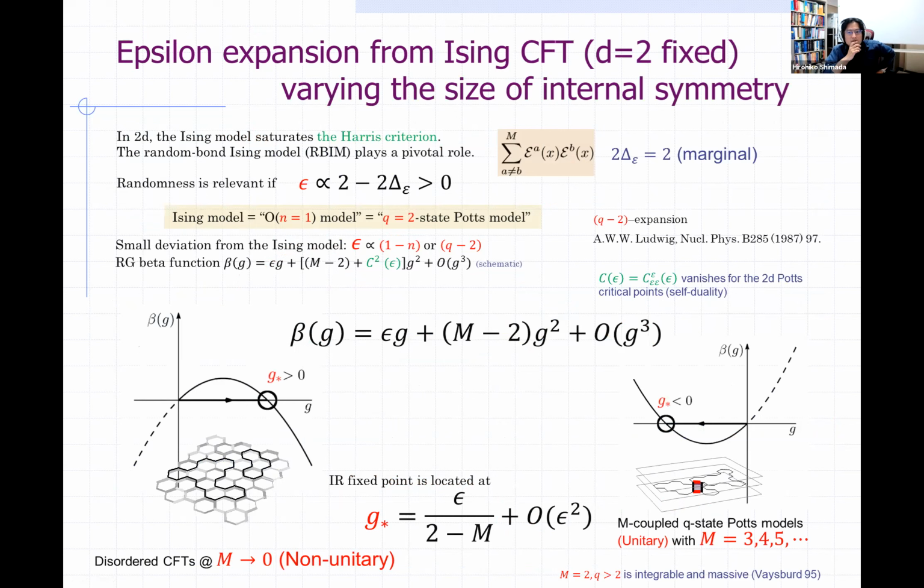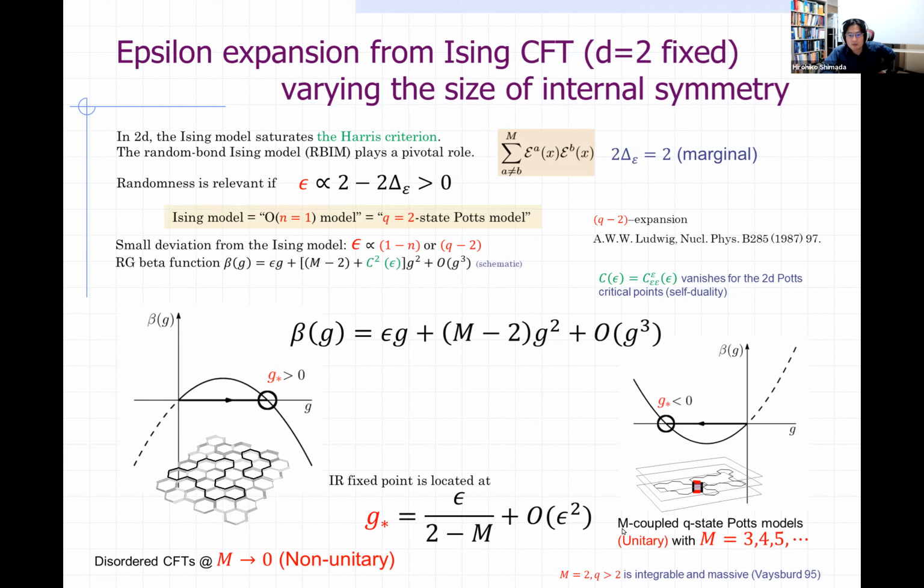In order to explore this RG landscape, a useful analytical tool is the epsilon-expansion around the Ising model. We fix the dimension d equal to 2 in this talk, and change the size of the internal symmetries, N of O(N) or Q of Q-state Potts. In 2D, this coupled Ising model saturates the so-called Harris criterion.